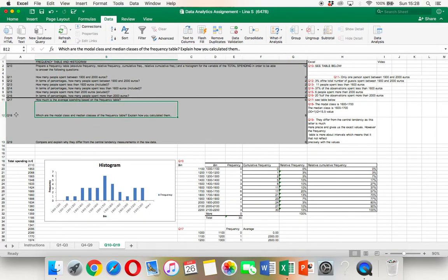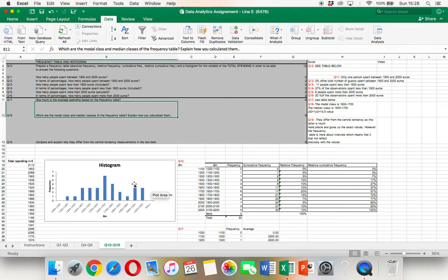Then we have the next question, the 18th question, which asks for the modal class and median class of the frequency table, and to explain how you calculated them. For the modal class, we can see that it is between this interval, 1,600 and 1,700, as it is the interval with the highest frequency.